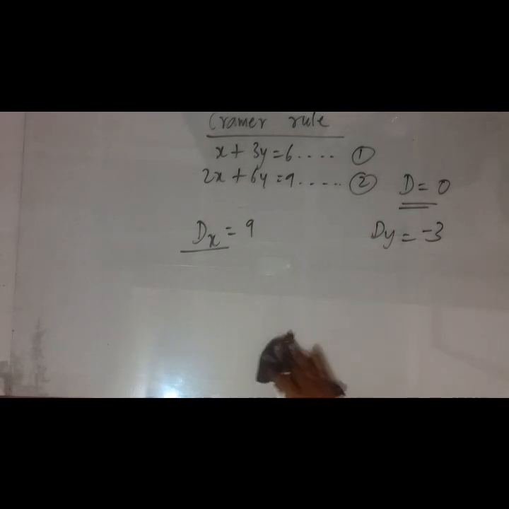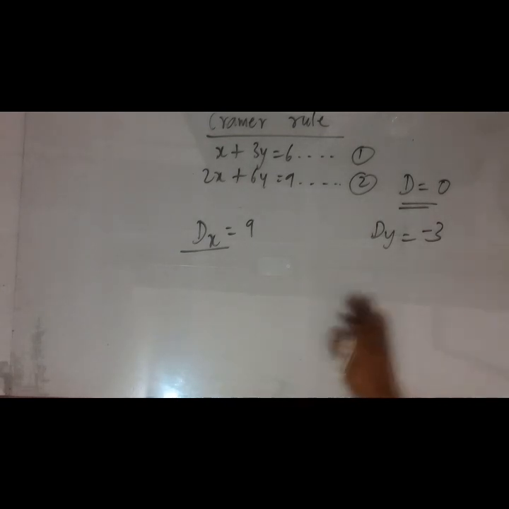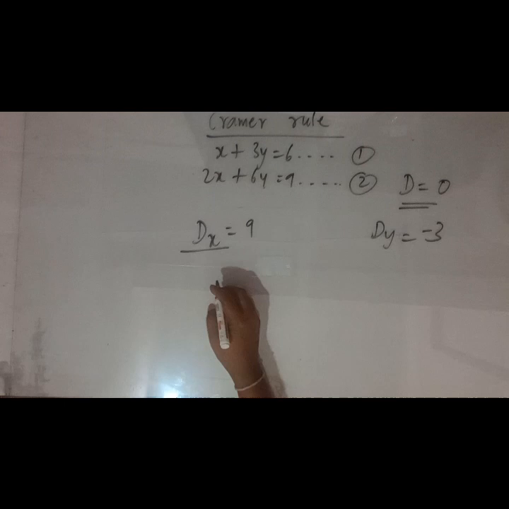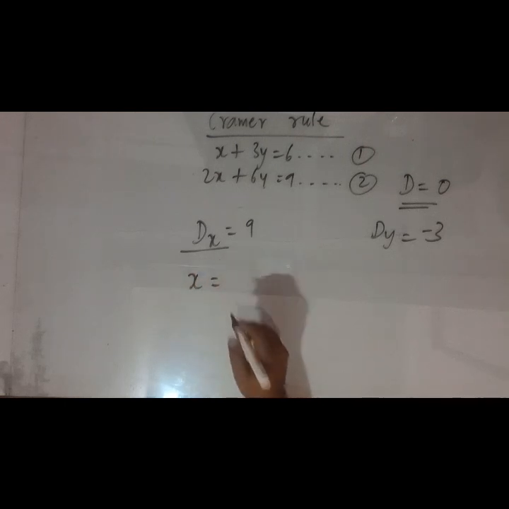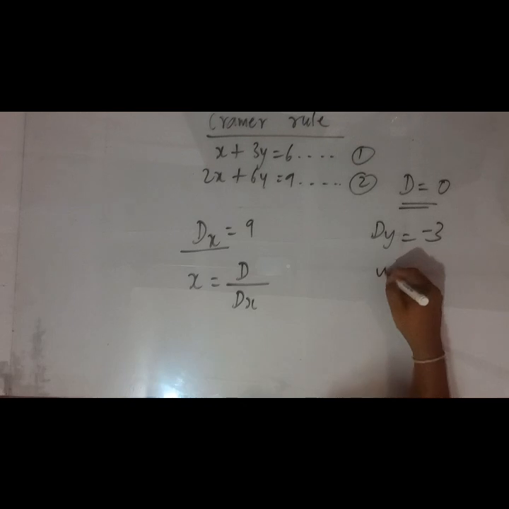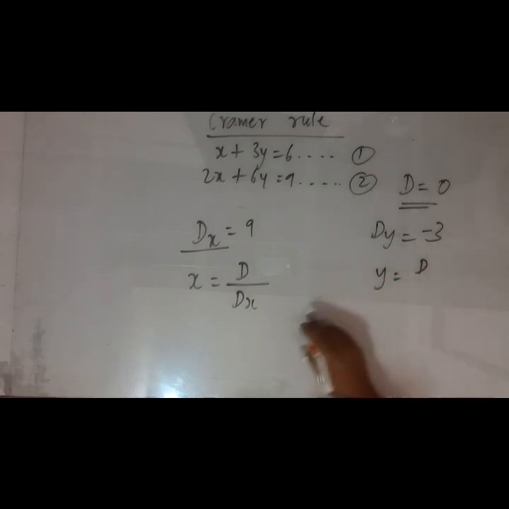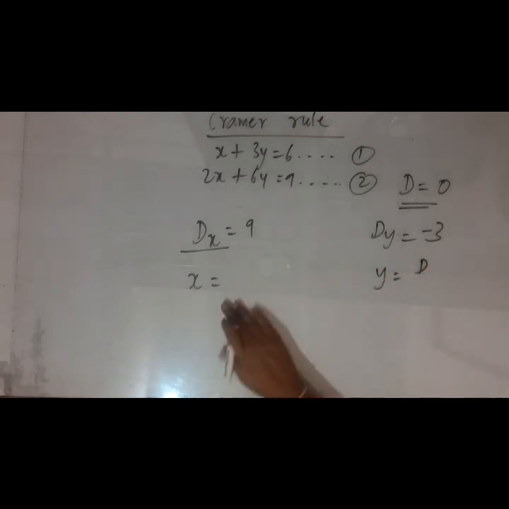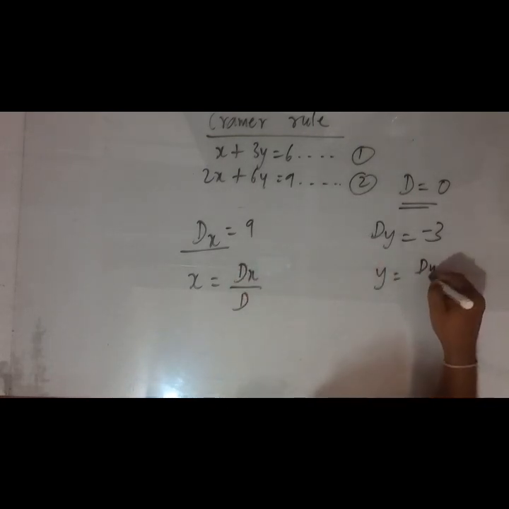And next, Cramer's rule says that you can now find the values of x and y by finding the ratio. What is that? To find the x variable, you take the ratio dx upon d, and to find y, we will be taking dy upon d.